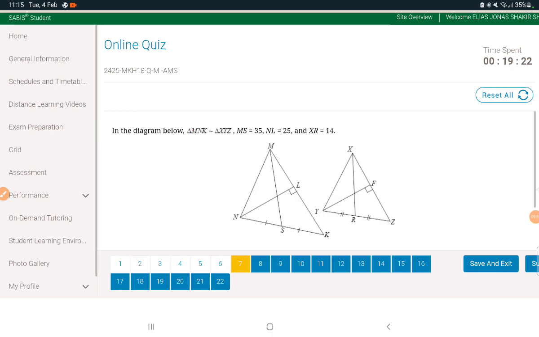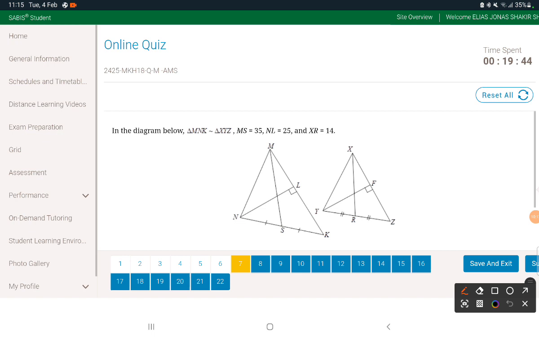Okay, in the diagram below, triangle MNK is similar to triangle XYZ. MS is equal to 35, NL is equal to 25, and XR is equal to 14. So when you have similar triangles, actually let me zoom in.